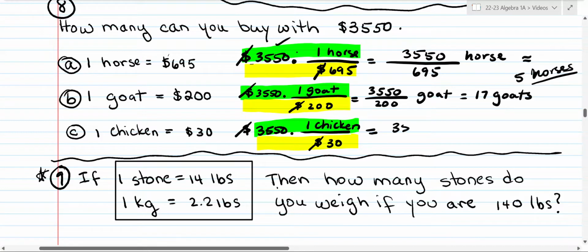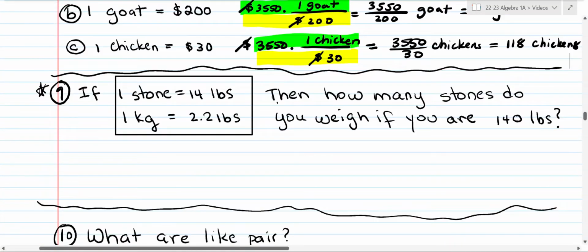And that's how you have 3550 divided by 30 chicken. Right, so what's that? 3550 divided by 30, and I totally made up these numbers. It says 118.3 repeating chickens, so we'll go with 118 chickens. Okay.